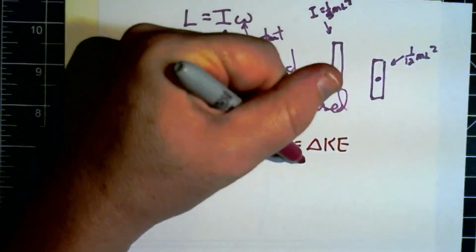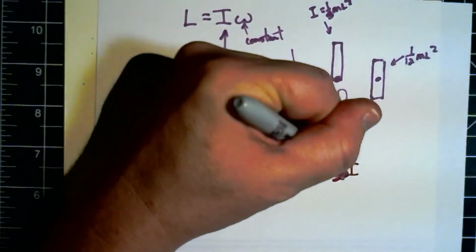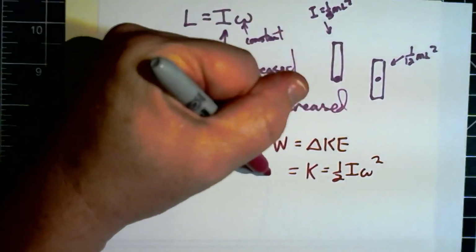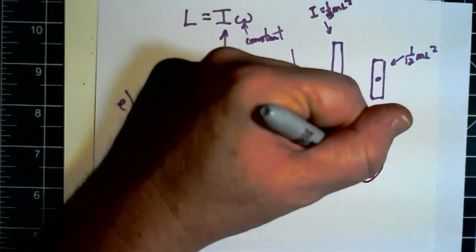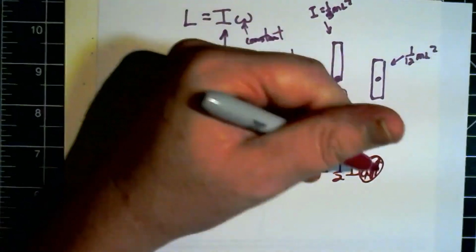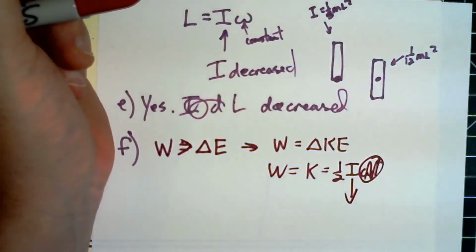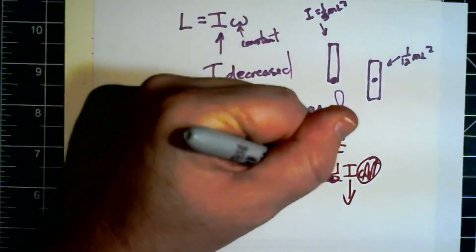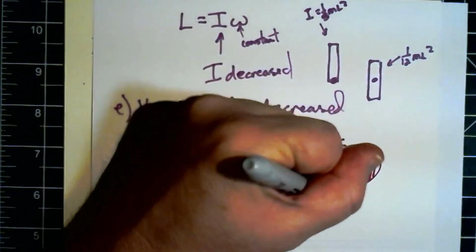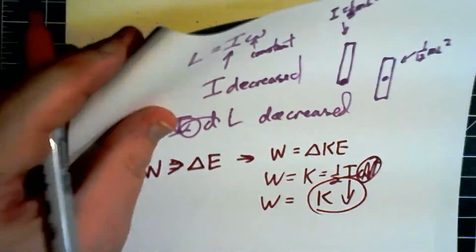Well, how do I calculate rotational kinetic energy? Well, K is equal to 1/2 I omega squared. Once again, because this omega stays constant, I can't consider that. But we just previously said that the rotational inertia does decrease. And so that means that the work caused the kinetic energy to decrease, right? The kinetic energy decreased.